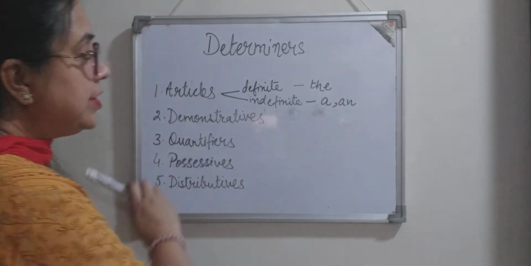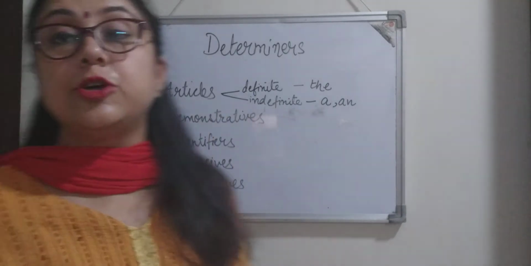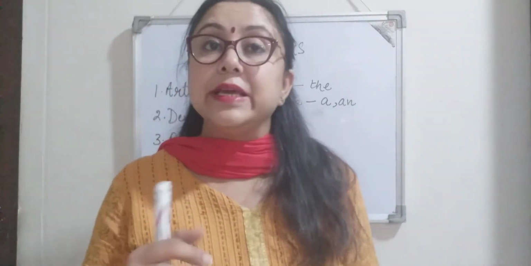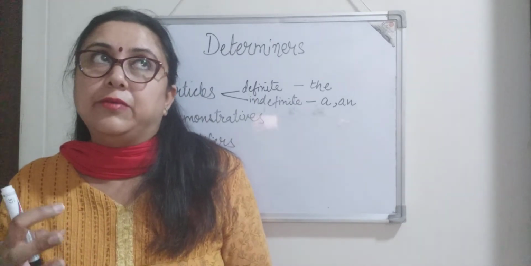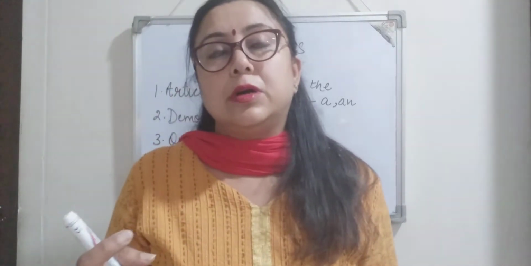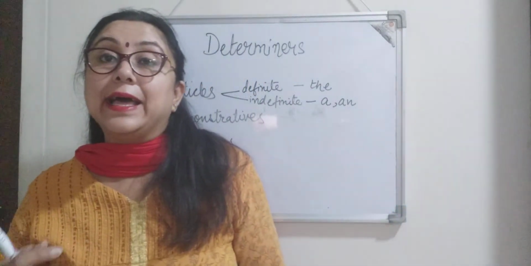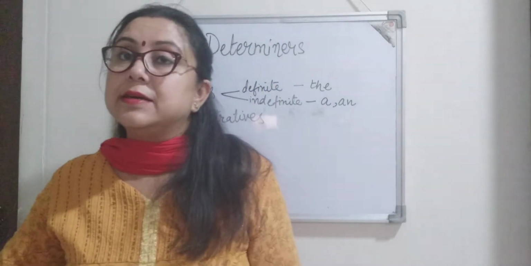And where do we use the indefinite articles a and an? When we talk about anything in general, when the noun is not a specific one, not a particular one. For example, I ate an orange. So it can be any orange, isn't it? I need a pencil.